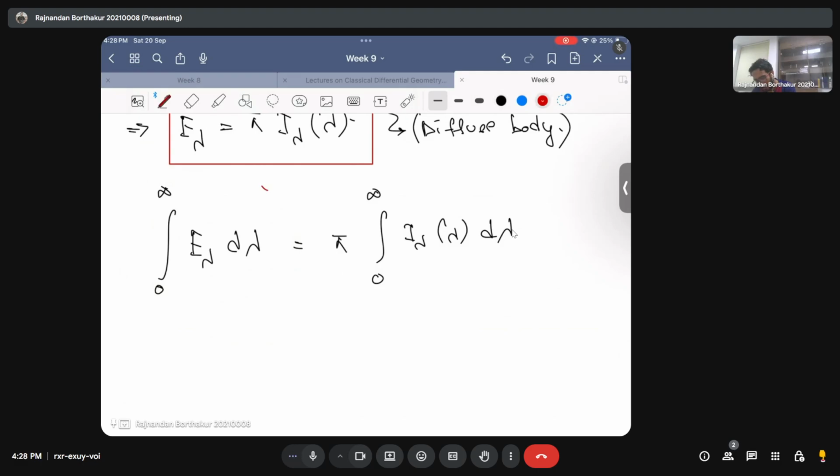This quantity is now known as the total hemispherical emissive power.